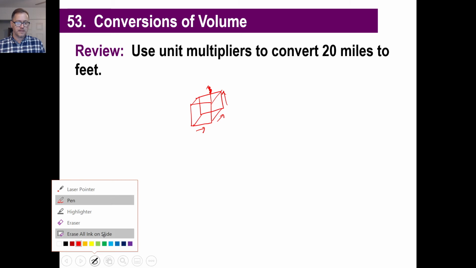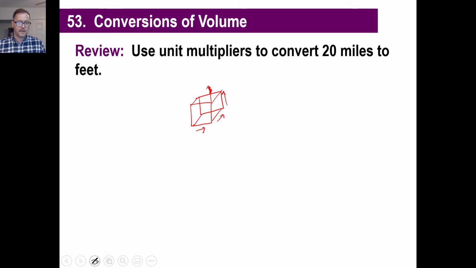Give yourself a second and copy this problem, or at least solve this problem. So pause it and solve this overview problem. Okay, and don't forget our technique is whatever you're given, you write that down, 20 miles. All right?